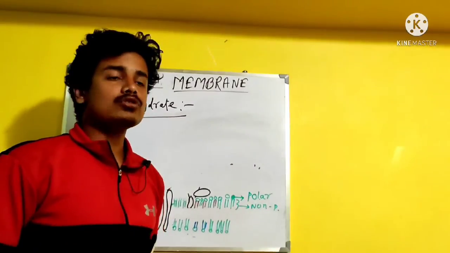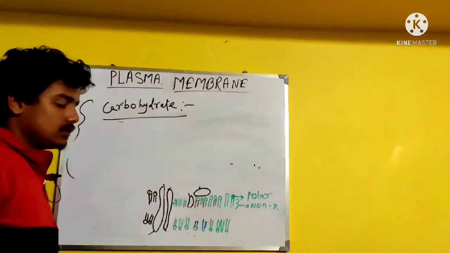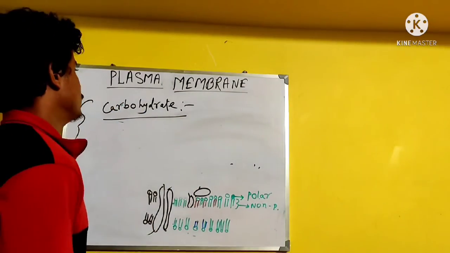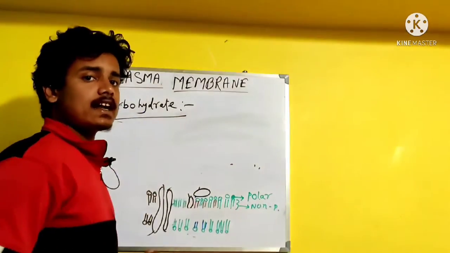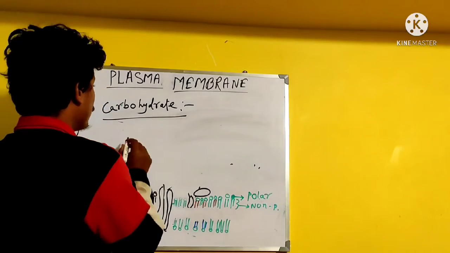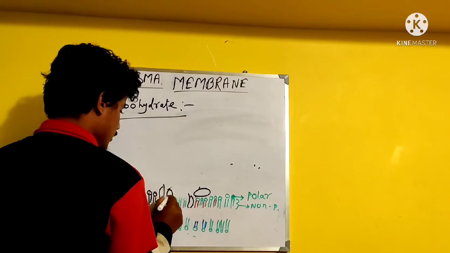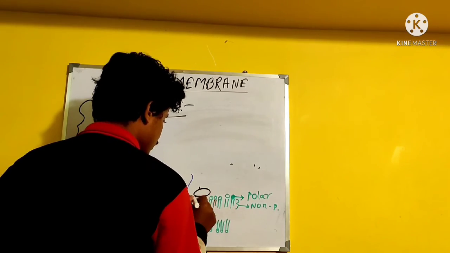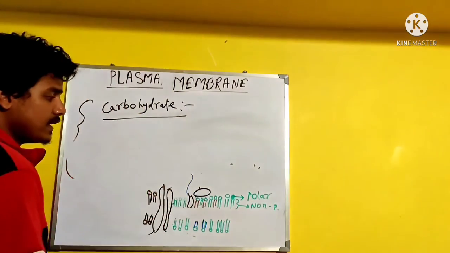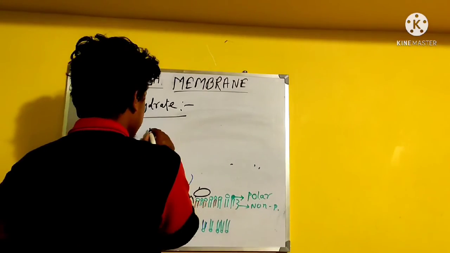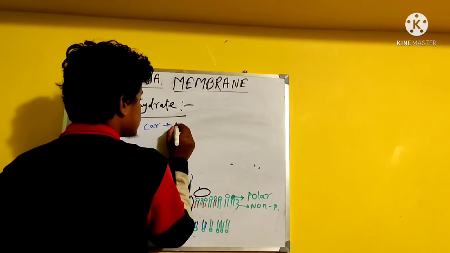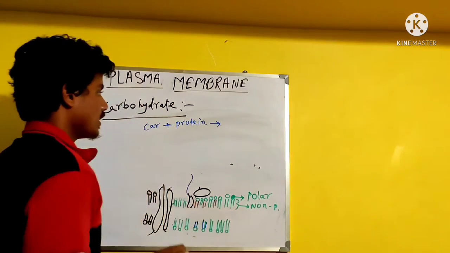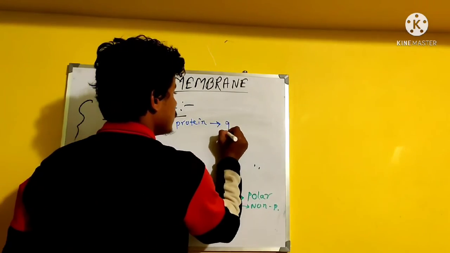Understand? Let's come to the carbohydrate. These carbohydrates are actually oligosaccharides. When carbohydrate is attached with protein, carbohydrate plus protein is known as glycoprotein.